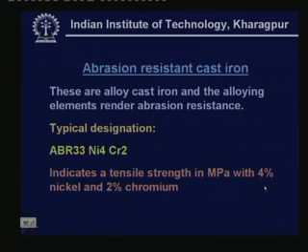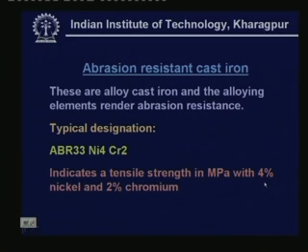Let us talk a little more about abrasion resistance cast irons, although we have seen them earlier, but still we talk about this one separately. These are again alloy cast irons, and the alloying elements render abrasion resistance.